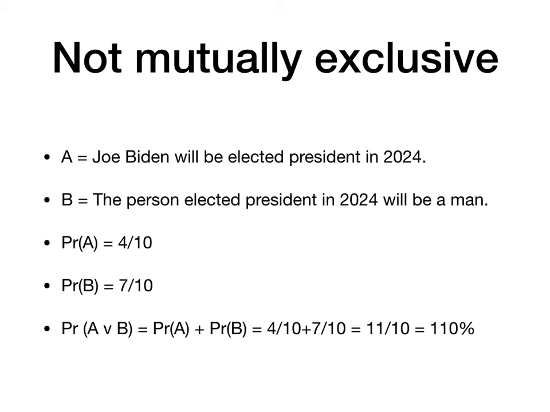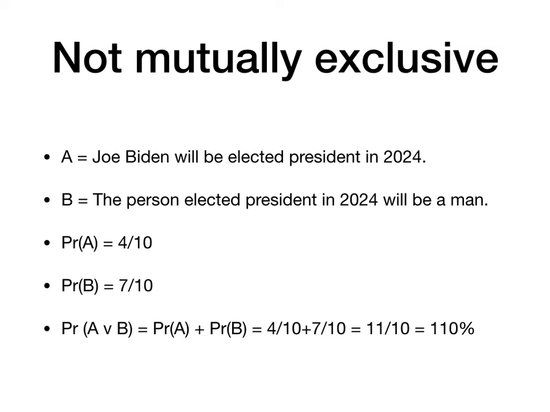Biden's old, he might die, his popularity is pretty low right now. On the other hand, he says he's going to run again. Incumbents tend to win. So let's just say 40%. I'm pulling the number out of thin air, but that's roughly what I would peg it at right now, to be honest.